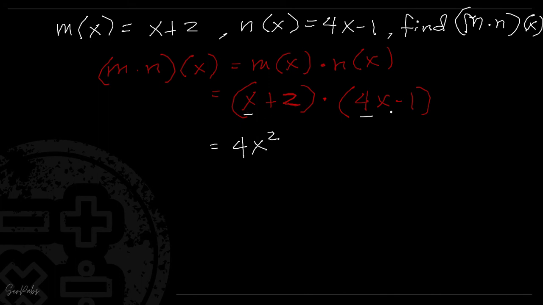And then outer term. So we have x times negative 1. Parehong outer term sila. Parehong nasa labas. So x times negative 1, so we have negative x. And then inner term. Parehong nasa loob. 2 times 4, we have positive 8. And then copy x. And then last term. So 2 times negative 1, we have negative 2. So copy 4x squared. We will combine similar terms.